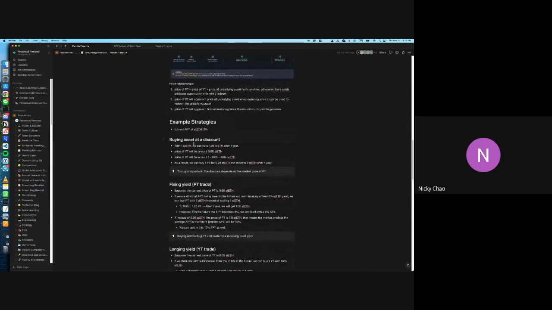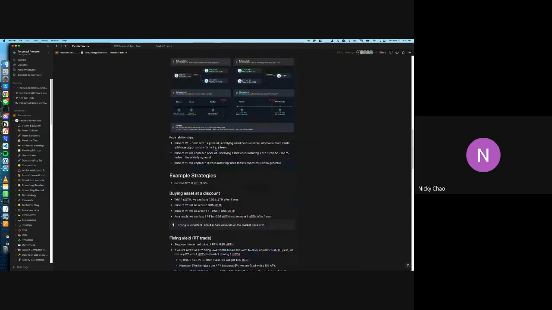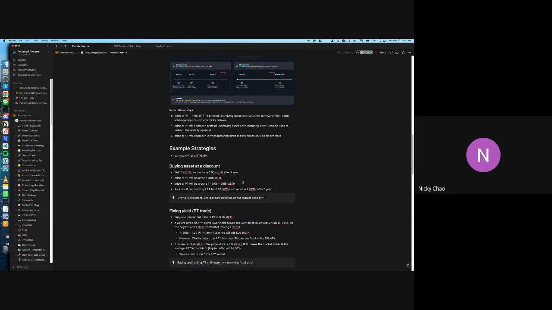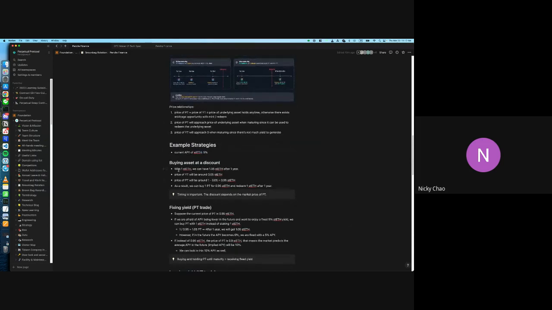First of all, as we mentioned in the feature here, users can use Pendle Finance to buy assets at a discount and redeem them after maturity. This is quite straightforward. Let's suppose the current APY of stETH is 5%. That means with one stETH, it will become 1.05 stETH after 1 year.